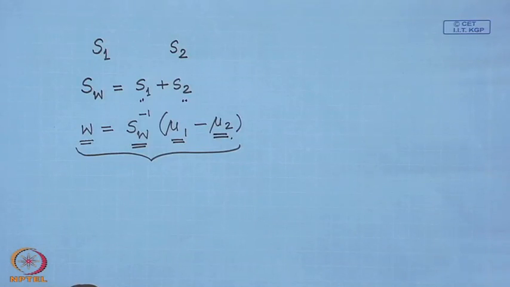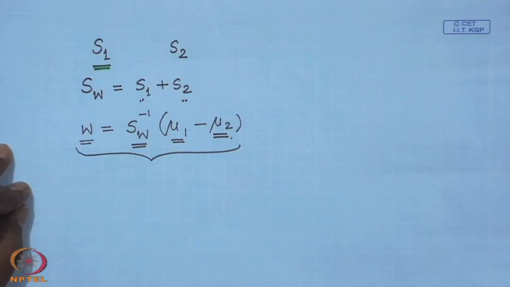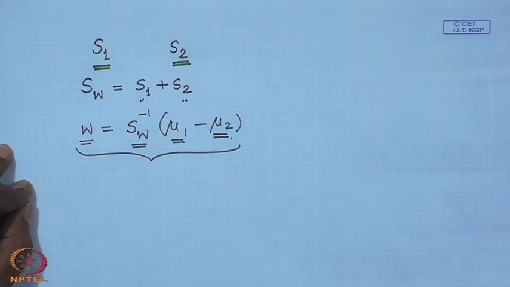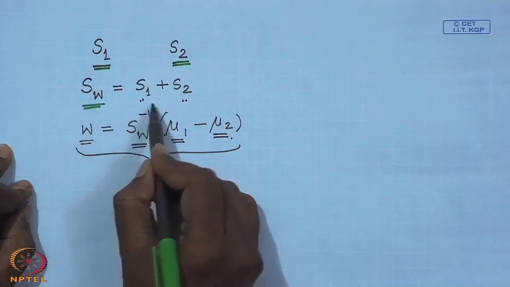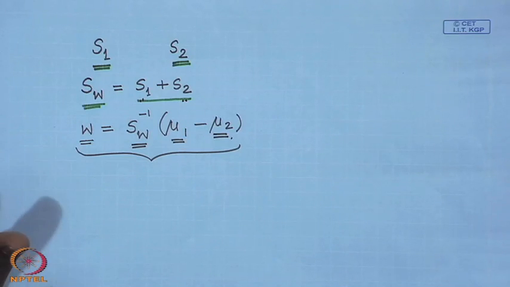So, by optimization of that criteria function, which minimizes the within class scatter and maximizes the between class scatter, I get a solution which is of this form. That is, if S1 is the within class scatter of the data points belonging to class omega 1, and S2 is the scatter of the data points belonging to class omega 2, then SW, which is equal to S1 plus S2, is called the total within class scatter.